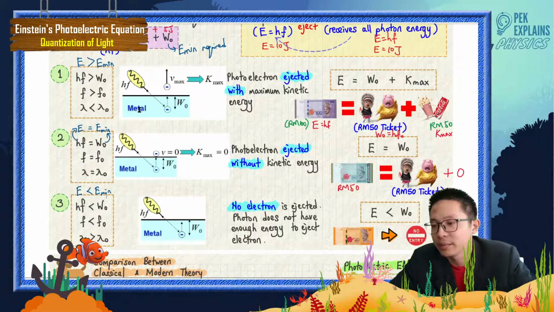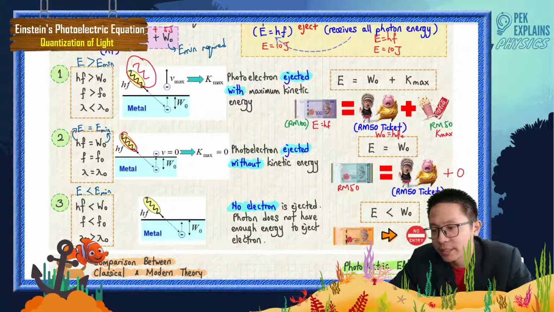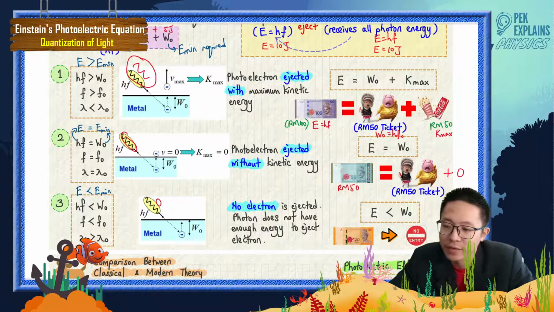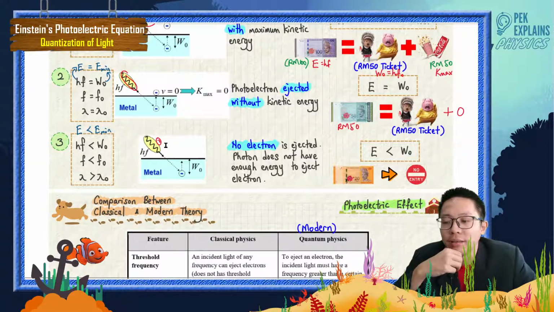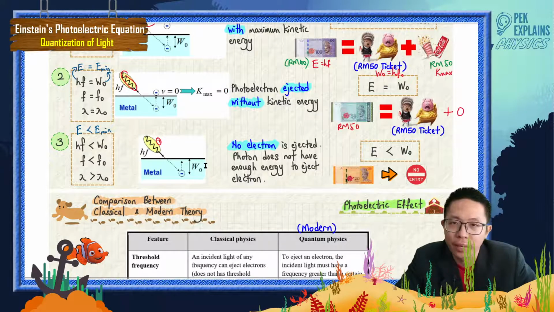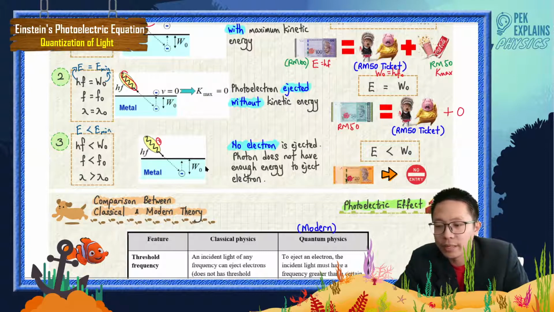We can imagine this one is like a big packet of energy. This one is like medium size. This one is like a very small size particle, very little energy. So not enough to overcome the binding energy. Maybe the required binding energy is 10 joule, but you only have 5 joule energy.